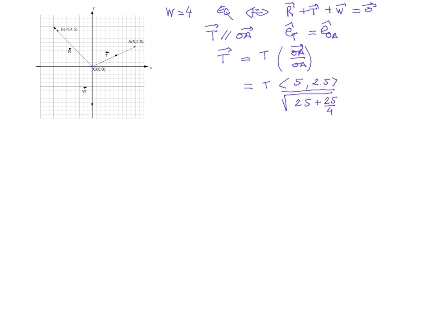Okay? So now you can express it in component notation, because you're going to add them up. This will be 5T divided by, okay, what do we have here? 4 and 4, so that's the square root of 125 divided by 4. That's the X component, and the Y component will be 2.5T.